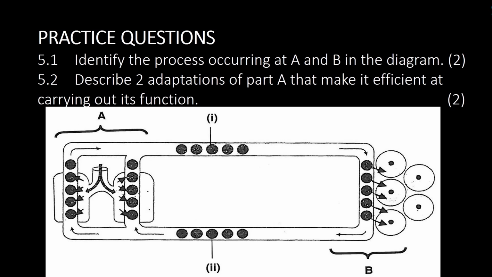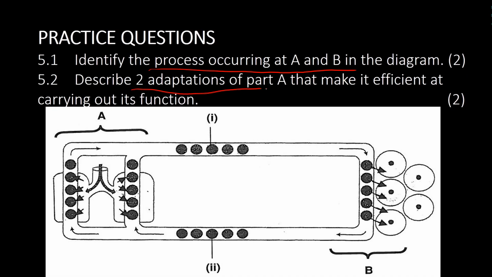So identify the process occurring at A and B in the diagram. The process occurring here would be gaseous exchange in the lungs, and at B it would be gaseous exchange in the tissues. But it's still gaseous exchange. Then describe 2 adaptations of part A that make it efficient at carrying out its function.